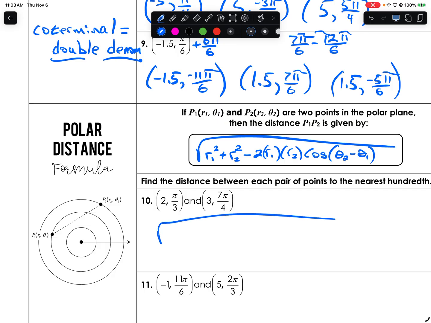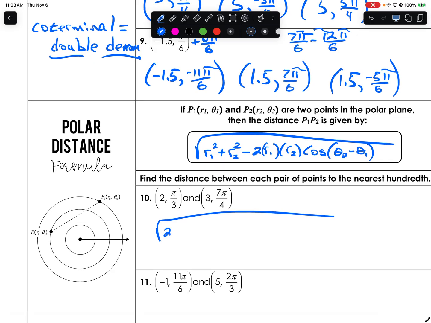So gigantic square root. We're going to do the 2 radius. So 2 squared plus 3 squared minus 2 times 2 times 3. And then we have cosine. Now I have a common denominator, so I do second radian measure minus first radian measure, minus pi over 3. We need a common denominator to subtract those two fractions. What is my common denominator? 12.